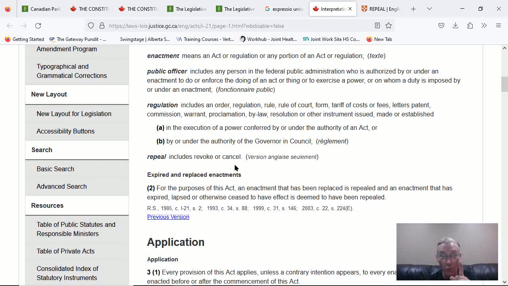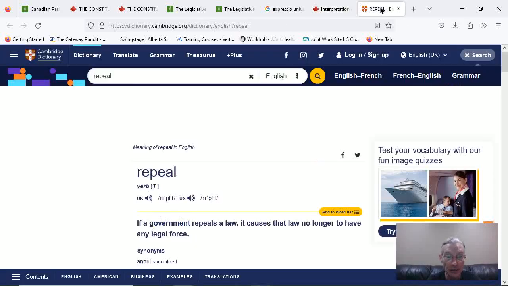The inclusion of one excludes all others. Let's look at another definition. Not that it matters, because once again, the Interpretation Act is the highest legal definition of a word in Canadian law, if it is not otherwise expressed in the particular act, statute, regulation, or code. Now let's look at another definition for repeal. If a government repeals a law, it causes that law to no longer have any legal force.